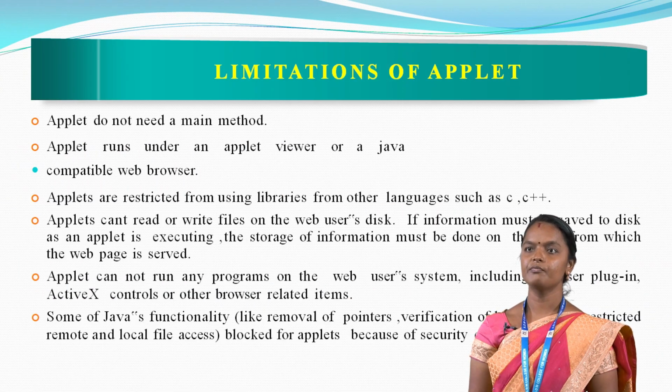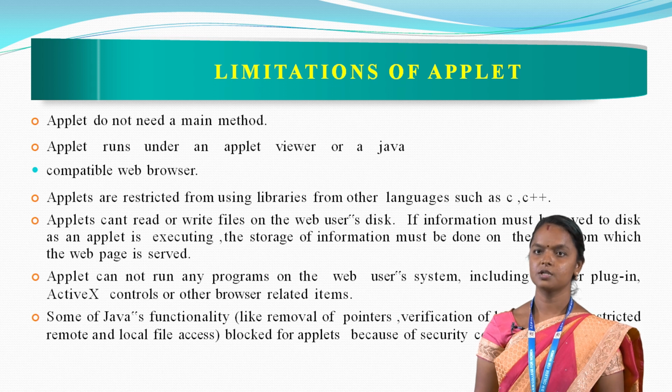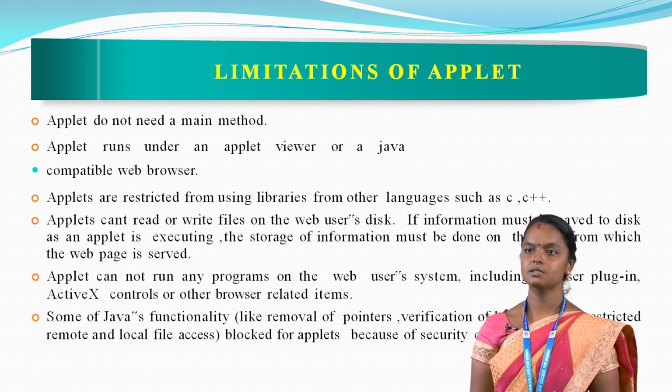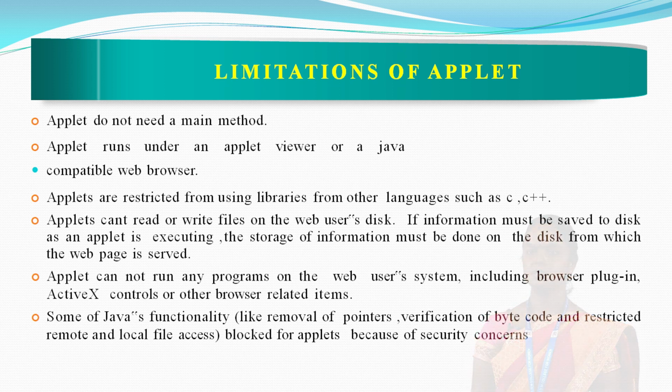Next, limitations of applet. Applets do not need a main method. Applets run under an Applet Viewer or a Java compatible web browser. Applets are restricted from using libraries from other languages such as C and C++. Applets cannot read or write files on the web user's disk. If information must be saved to disk as an applet is executing, the storage must be done on the disk from which the web page is served.